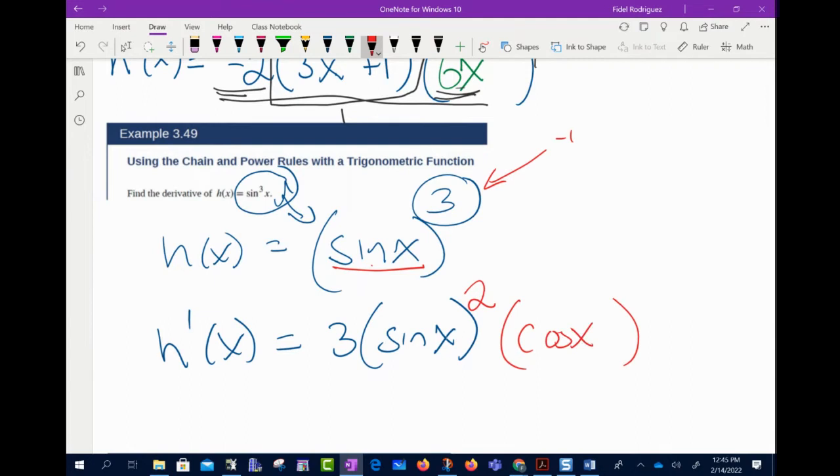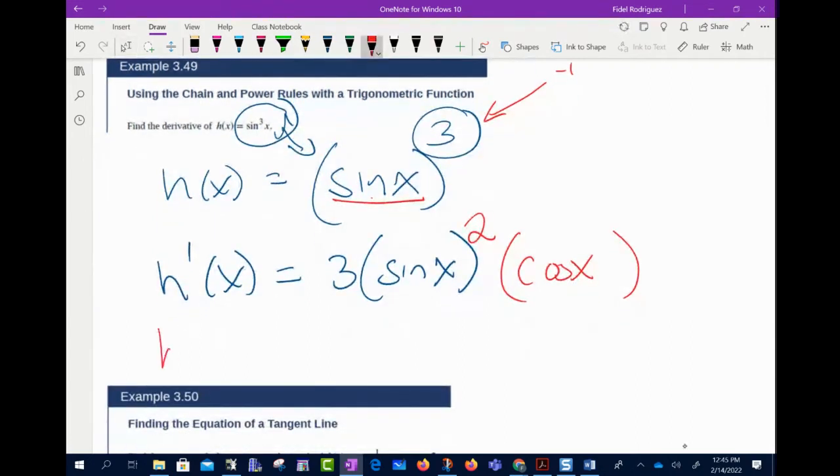Okay. And that's all I'm going to do. Again, I just really wanted to emphasize that when my power is on the outside, the power is on the trig function itself.